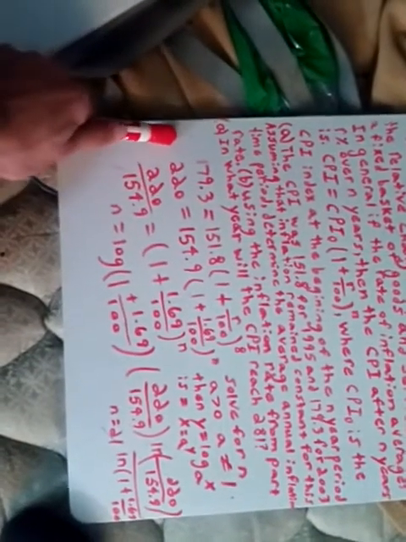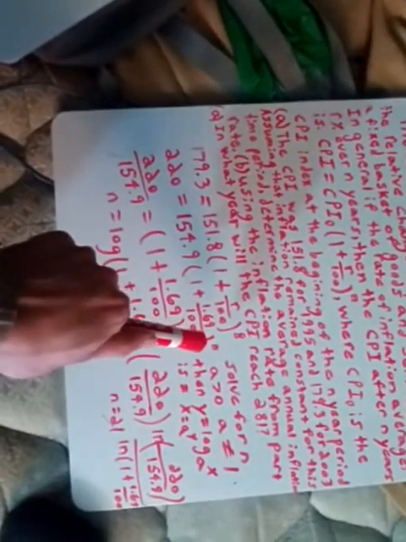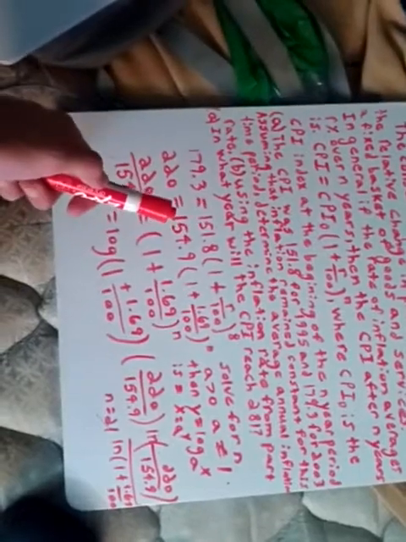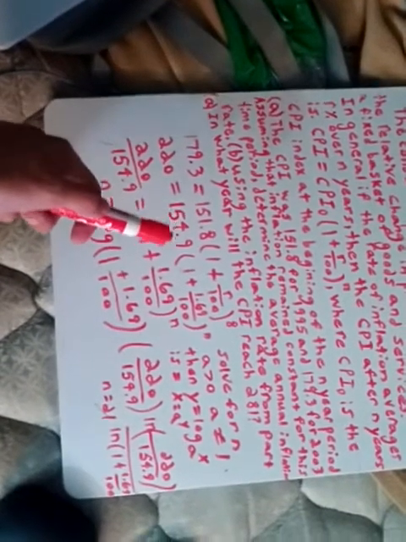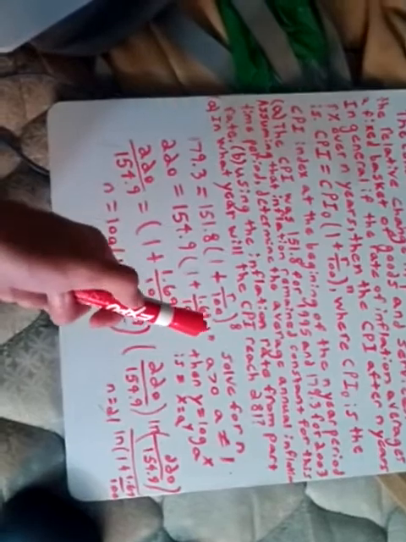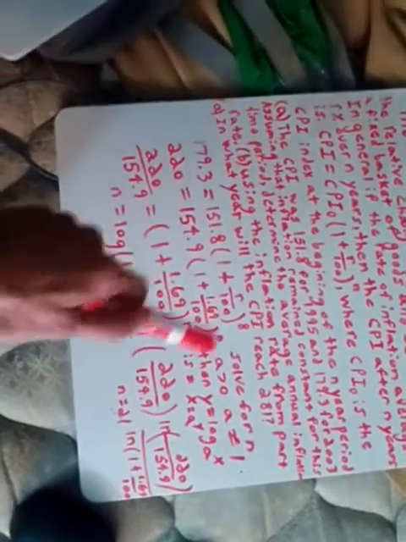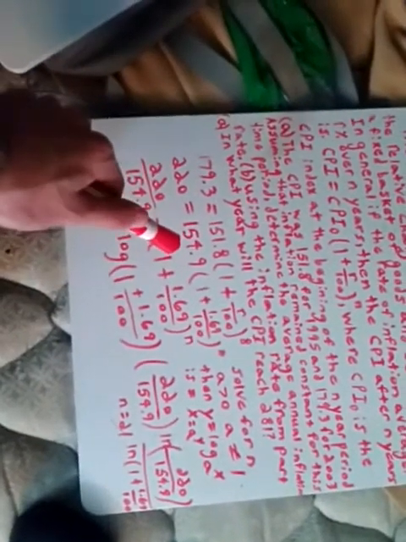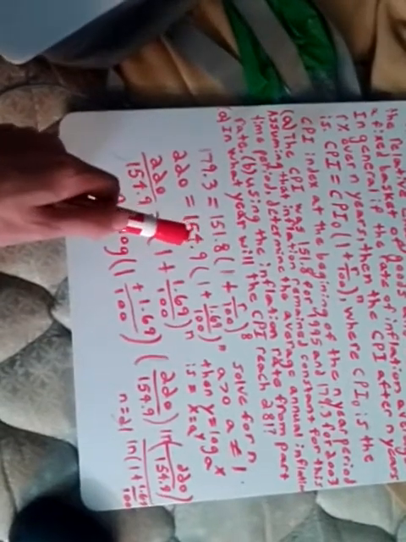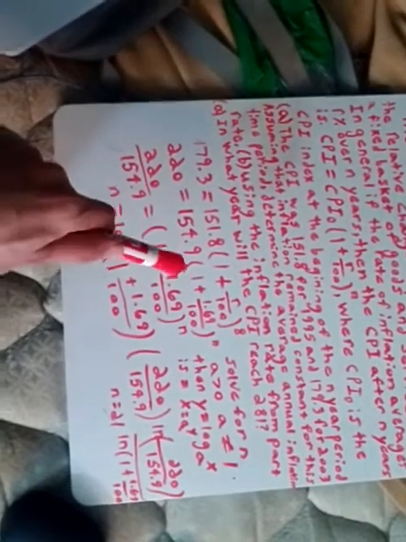In this one, I'm trying to figure out how many years at the same inflation rate it would take for the consumer price index to go from 154.9 to 220. So now I'm going to solve for n.